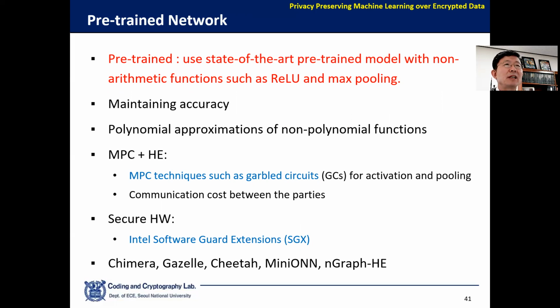So MPC techniques such as garbled circuit for activation and pooling, and communication costs between the parties are required. And secure hardware is Intel SGX, Software Guard Extensions. So Chimera, Gazelle, Cheetah, Minionn, and nGraph-HE are examples of pre-trained networks.